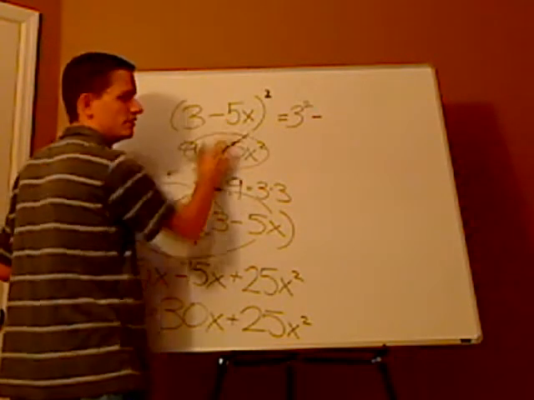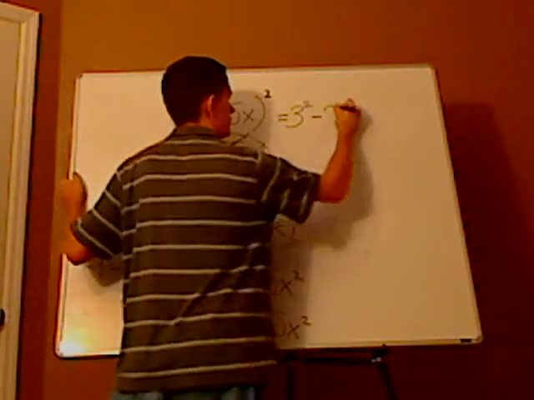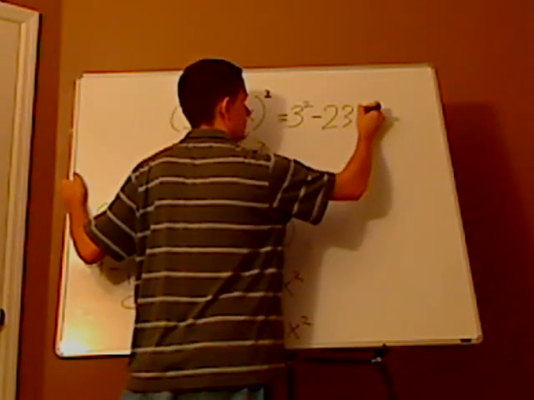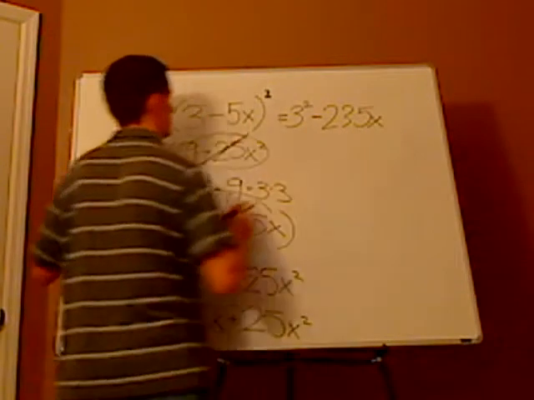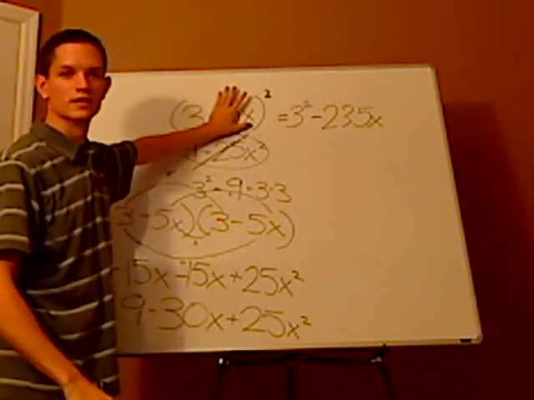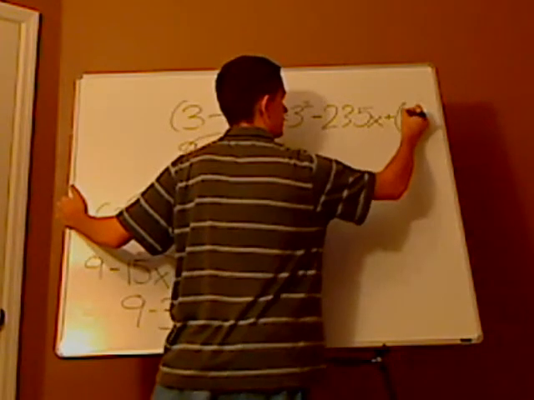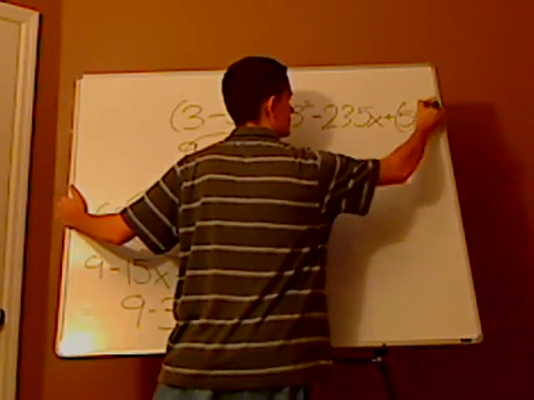But not only that, you're going to double it. So it's 2 times 3 times 5x. And then you're going to take the last and you're going to square that. So plus (5x) squared.